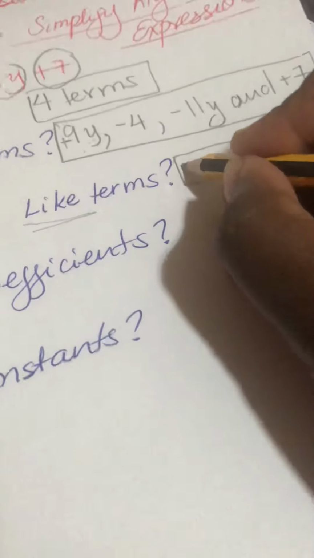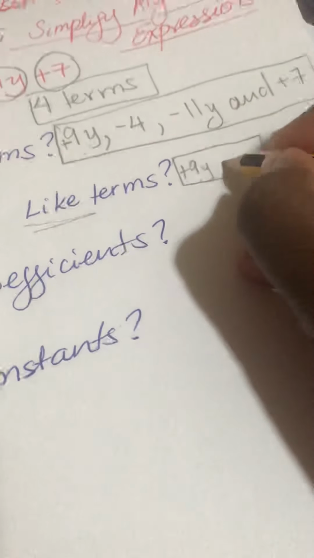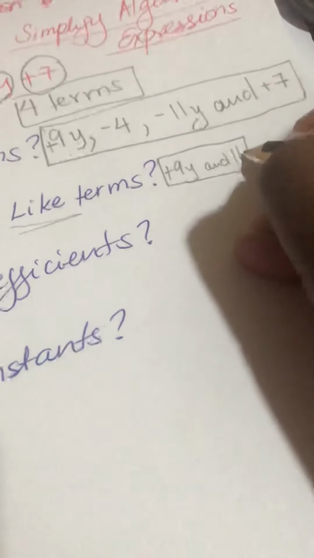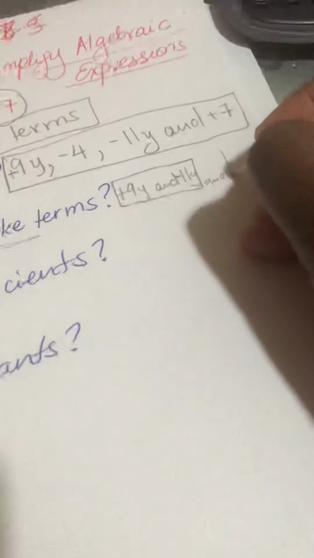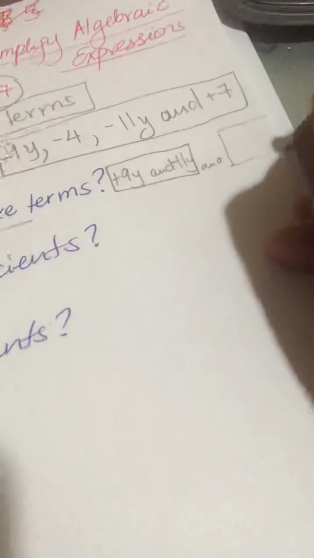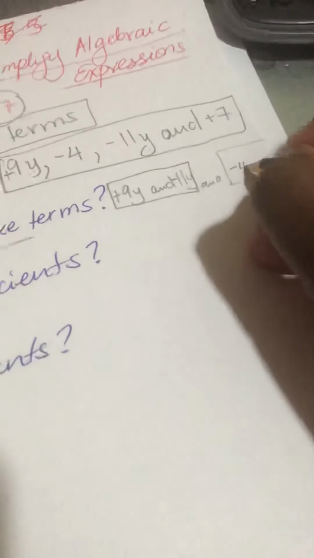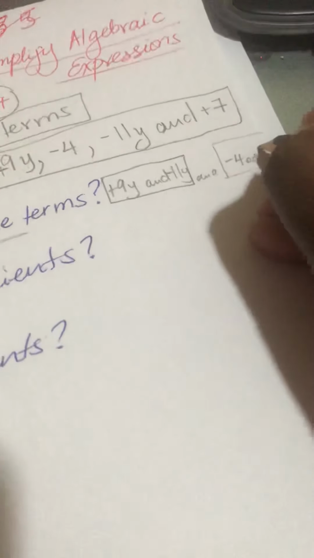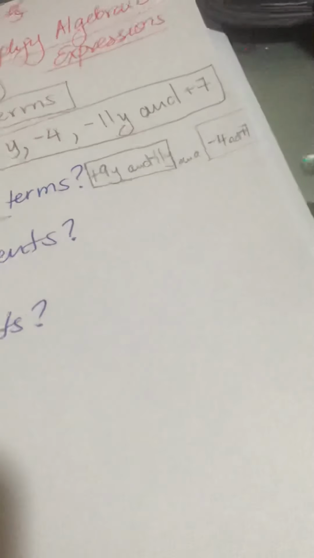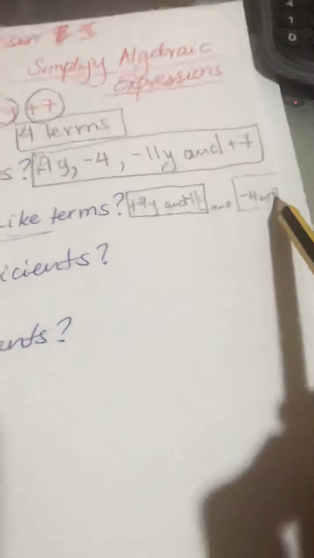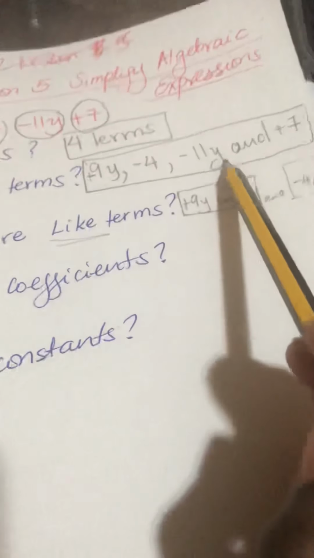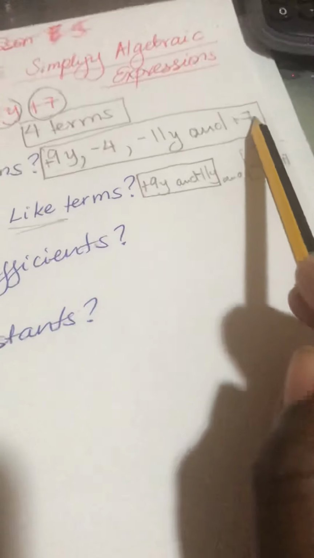So I will write positive 9y and negative 11y, and now I need to put the other ones, negative 4 and positive 7. So why do I have 2 answers for this question? Because these ones have y's and these ones are just numbers.